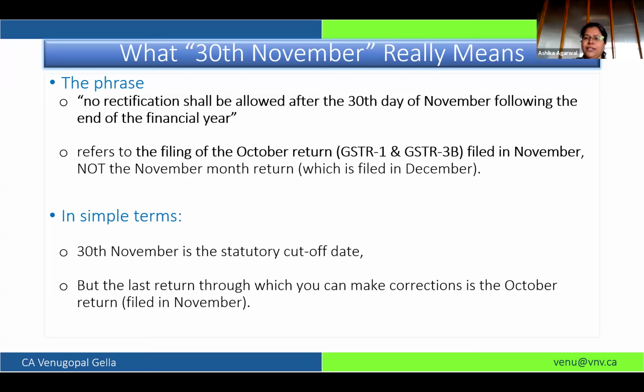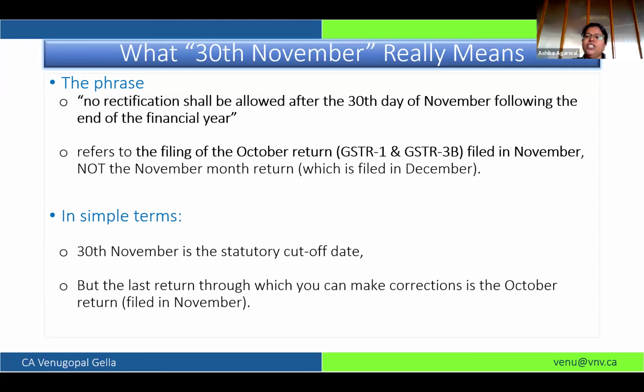So all the compliances and all the corrections need to be reported in GSTR 1 and 3B of the October month for financial year 24-25. Then only will those corrections be regarded as within the deadline and you will be in compliance with GST law. Beyond that, no correction can be done.